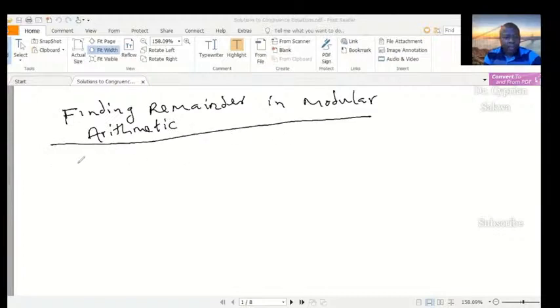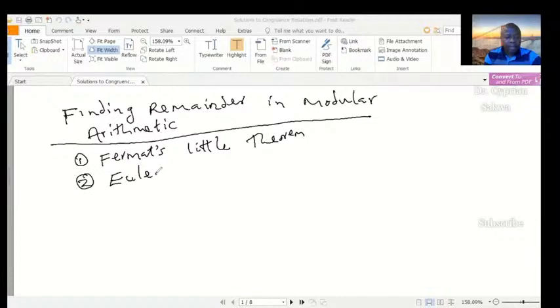Among them, we shall be using Fermat's little theorem, which we know how it states. Then we shall also use Euler's theorem in our other examples.